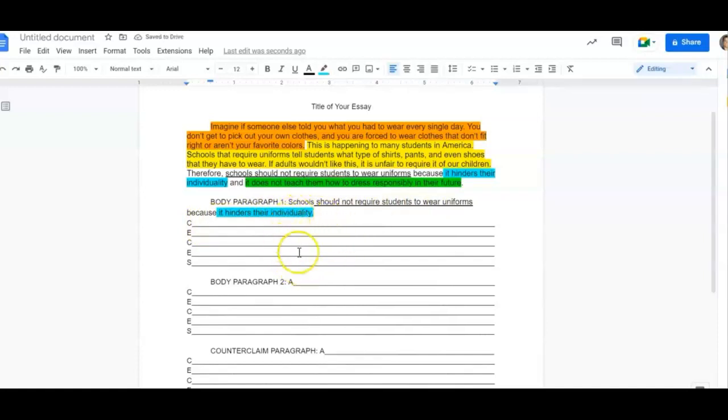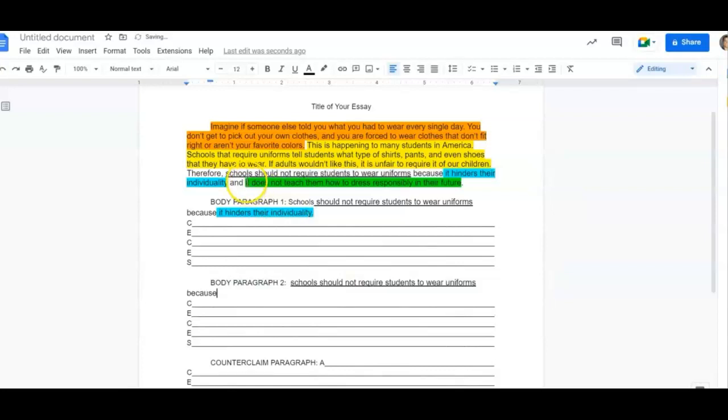And then I'm going to write an ACES paragraph that is all about hindering their individuality. My second body paragraph is going to be about my second reason. Schools should not require students to wear uniforms because it does not teach them how to dress responsibly in their future. And so my second body paragraph, my second ACES paragraph, is all about dressing responsibly in the future. Okay, so that's kind of how it fits.